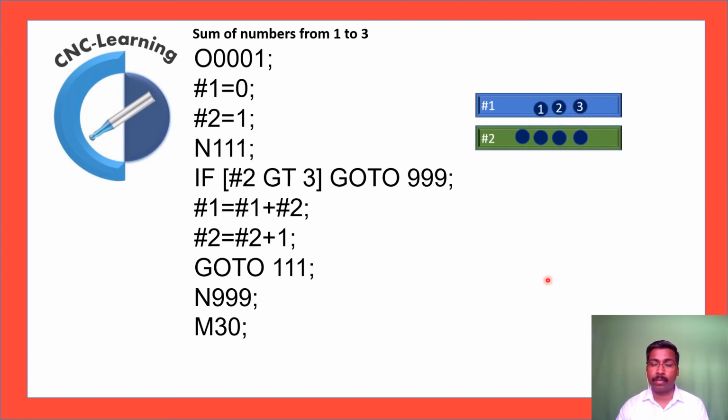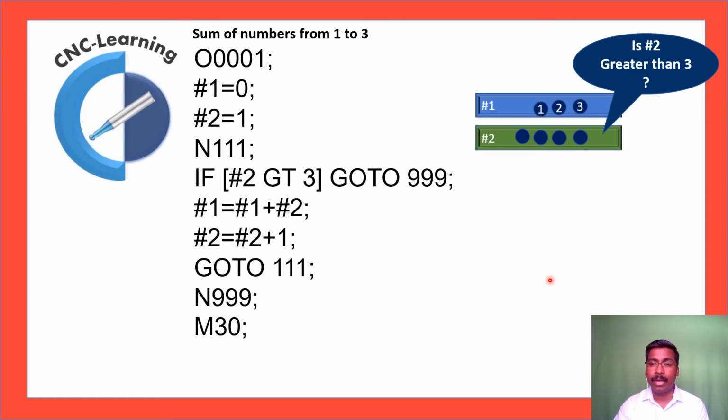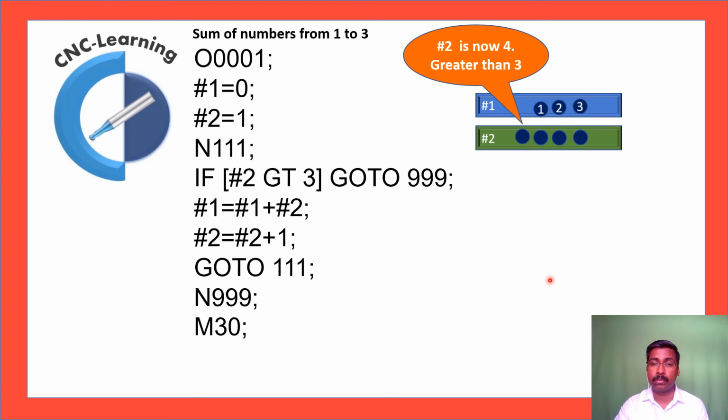Go to 111. That means again it is looped back. Now it is getting evaluated. Is hash 2 greater than 3? Yes. Now it is 4, which is greater than 3.